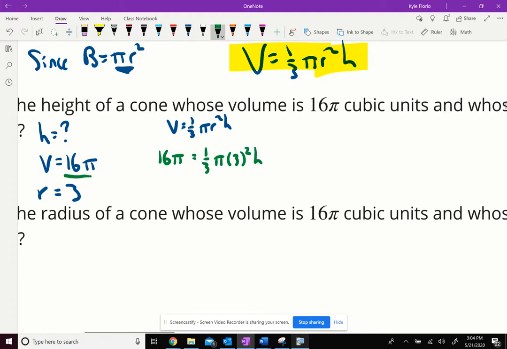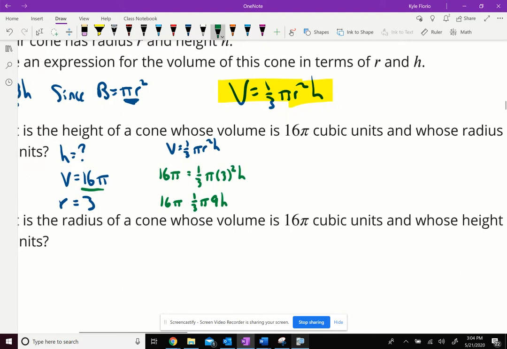So here's an equation. It looks nasty, but there's only one letter we have to really solve for. So there's not a ton we have to do. 3 squared is 9. So I'm going to rewrite this as 1/3 pi times 9h. And 9 divided by 3 is 3.